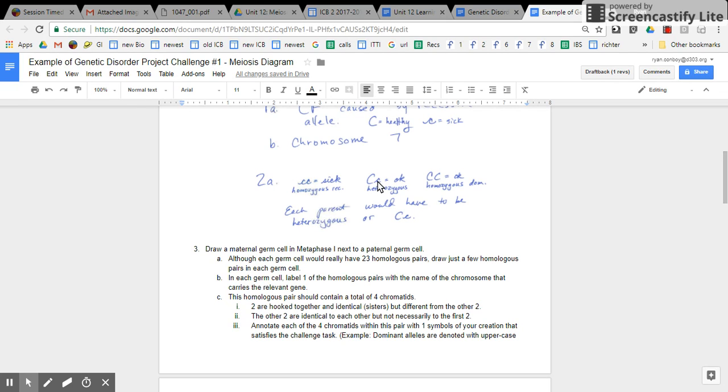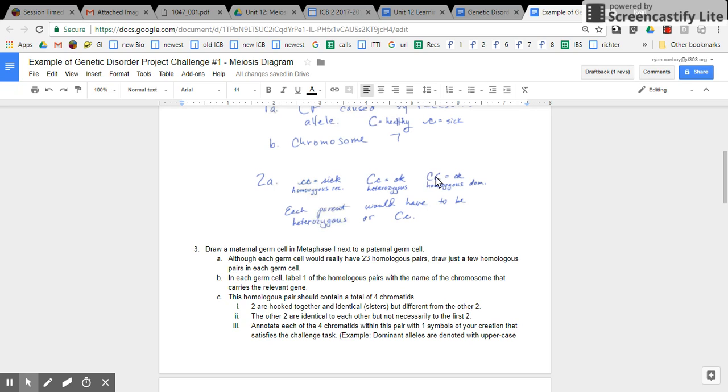So this person is going to be okay. On a cellular level, maybe they don't have as many well working proteins as somebody who has two big C's. But the point is, if they have one big C, at least half of their proteins work well. And that appears in this case to be enough to keep them healthy.